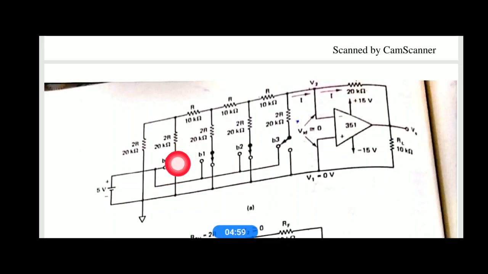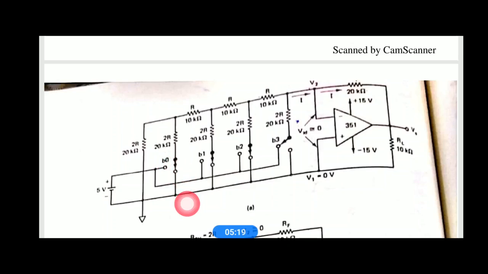If B0 is 0, we are connecting this switch to the ground here, which gives the low voltage as an input to the B0 point.